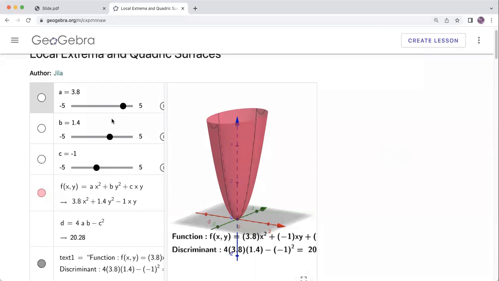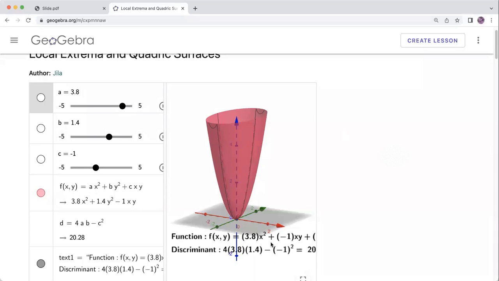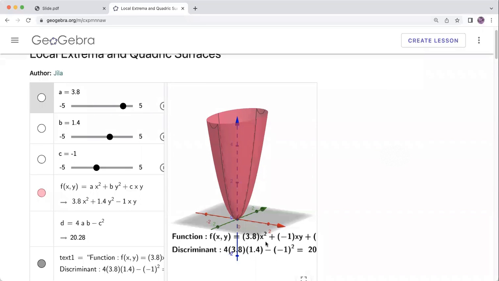Now, if I look at this shape that I have, I have made it so it looks like ax squared plus bxy plus cy squared, and a and b I can change.